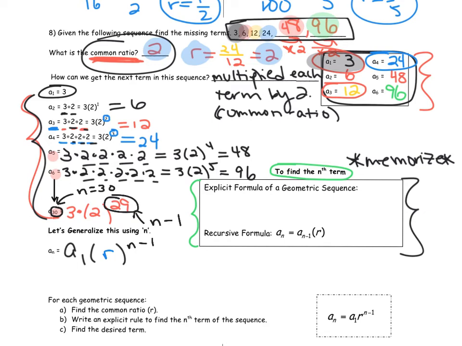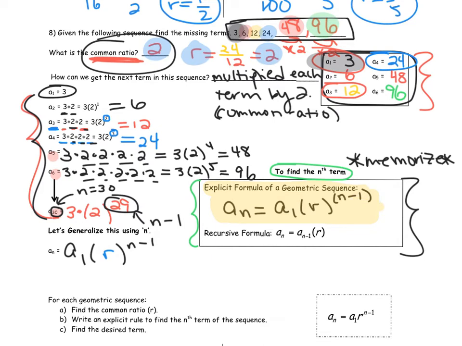You need to know this formula for the explicit formula for a geometric sequence. Okay? You need to have this memorized. All right? And I'll highlight that over here in yellow. You need to have this memorized, the explicit formula for a geometric sequence.